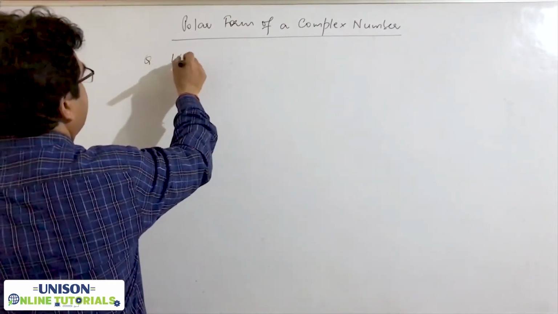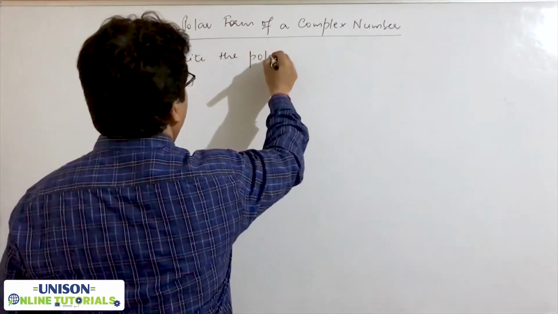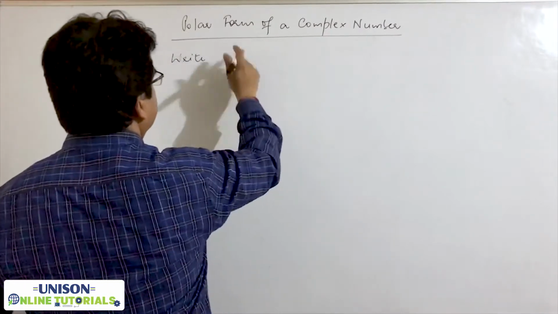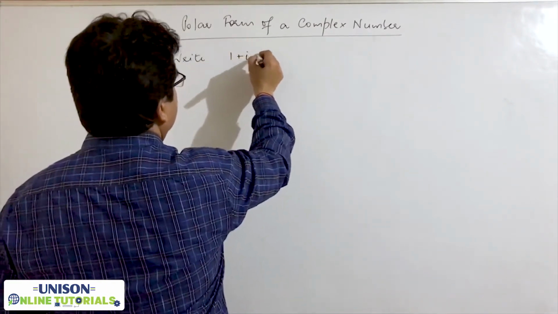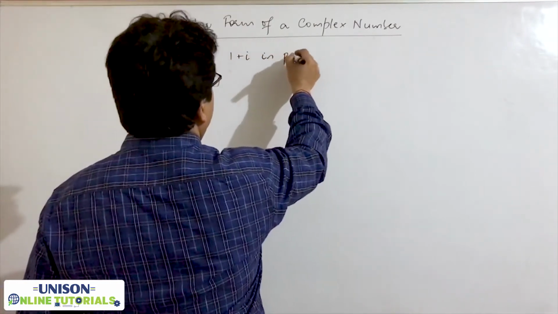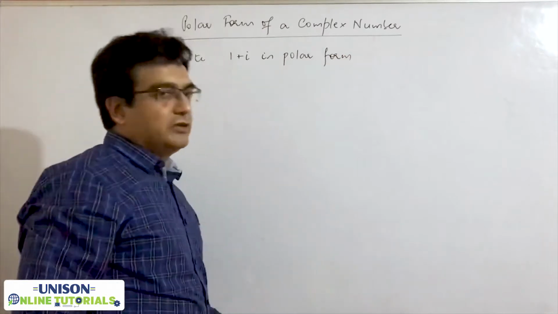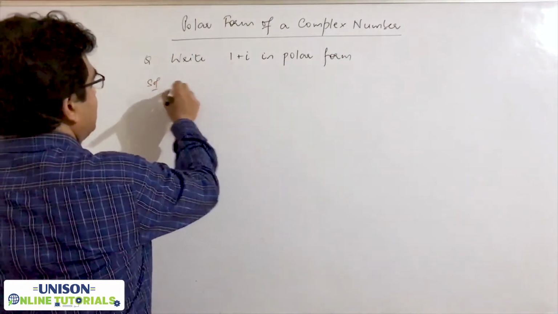First, write 1 plus iota in polar form. We have to write 1 plus iota in polar form. So 1 plus iota is the complex number.